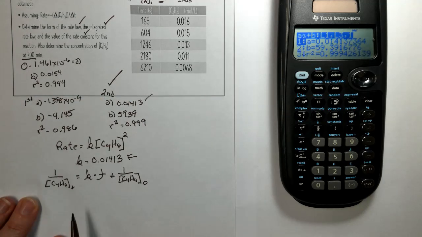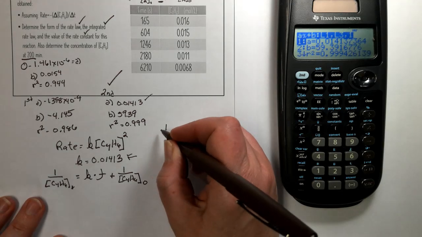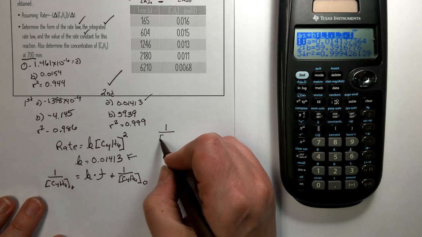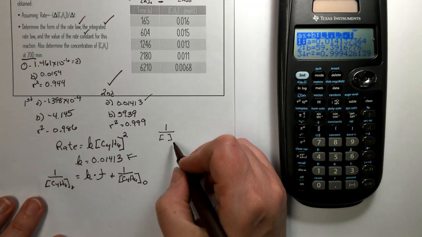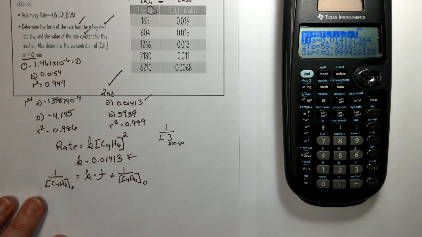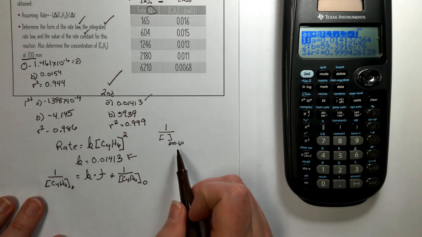So we're going to leverage this equation, and we're going to say 1 over our concentration of our stuff at the given time. So that's going to be 200 times 60. We've got our units in seconds here, so we have to have our units in seconds down here.